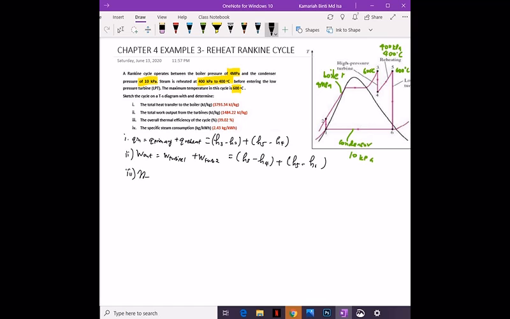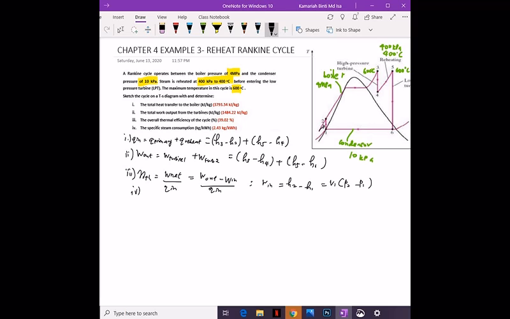Okay, next is the thermal efficiency, equal to work net over Q in, equal to work out minus work in over Q in. The Q in value we will get from our solution number 1. The work in can be found from number 3: work in is H2 minus H1, or V1 times P2 minus P1.